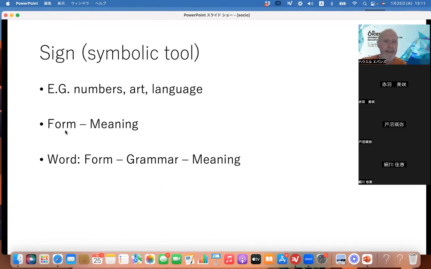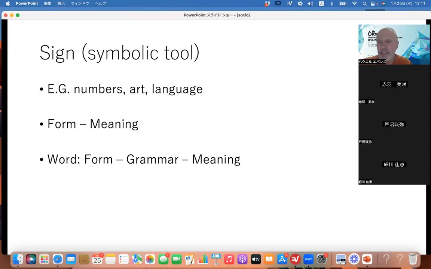And normally you'd say that a sign is a form-meaning pair. With a word, it's a form-meaning pair, but there's also grammar in the middle. So language is a special kind of sign system, where things are organized by grammar.